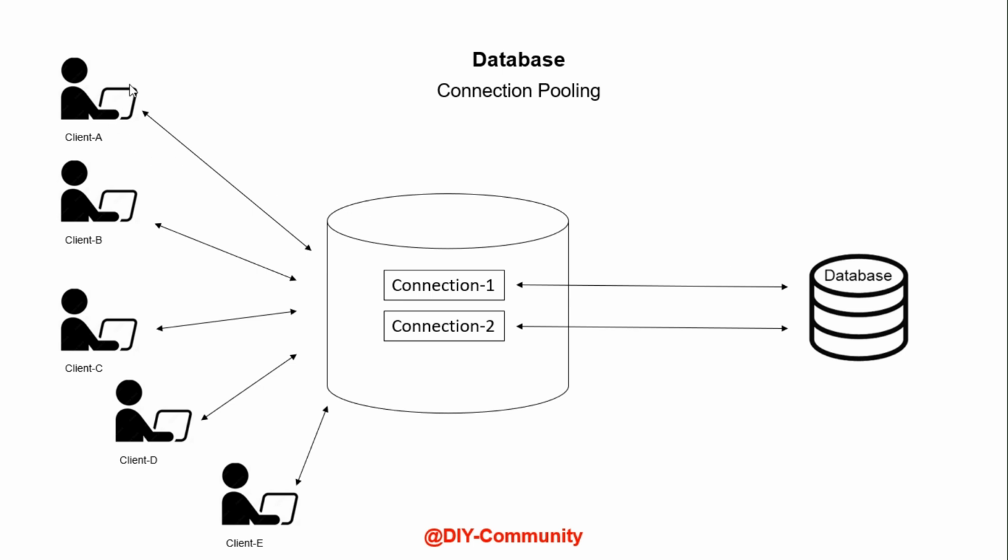So it can be implemented by maintaining a pool of connections in a server, and every time a client tries to access a database, the connections from the pool will be reused. This way we can improve the performance of our database applications.